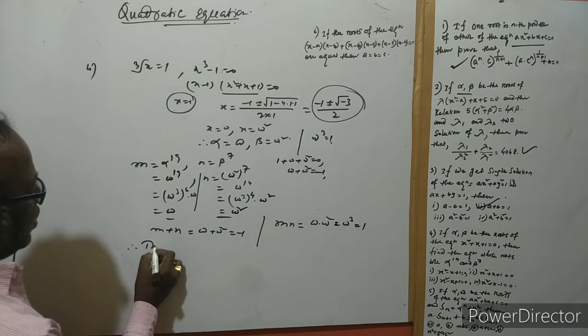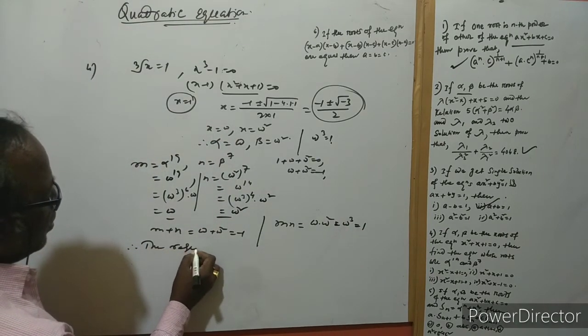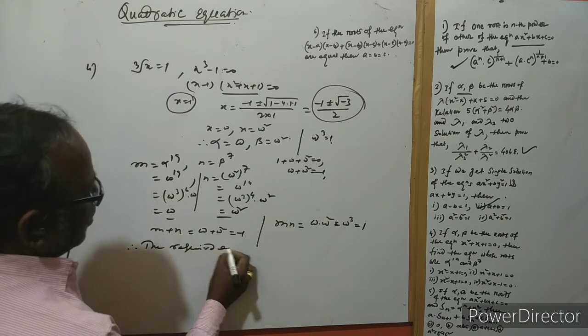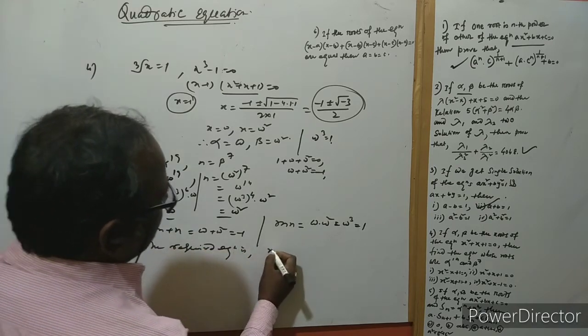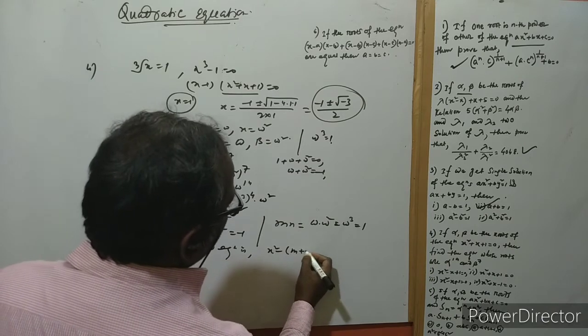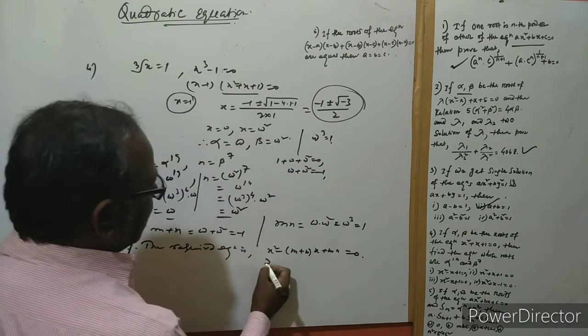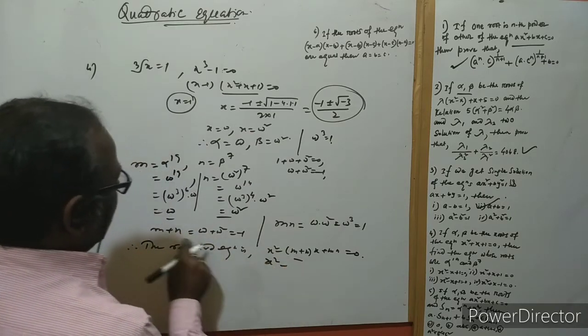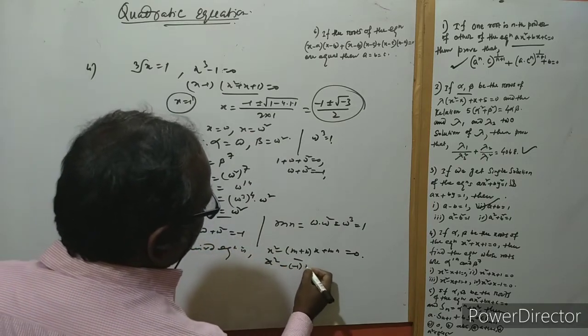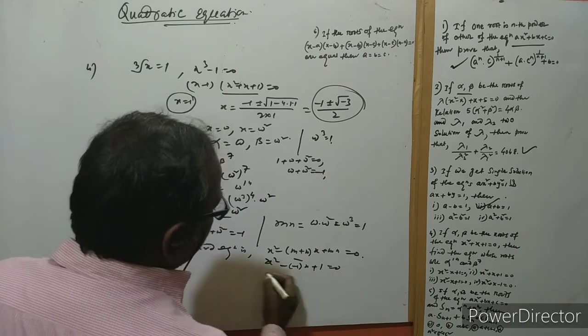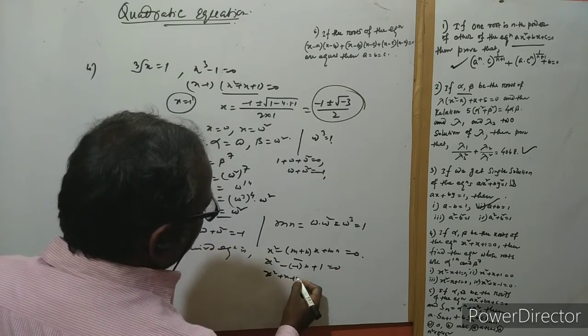Therefore, the required equation is x square minus the sum of the roots times x plus the product mn equal to 0. So x square, the value of m plus n is minus 1, and mn is 1. So we can write x square plus x plus 1 equal to 0.